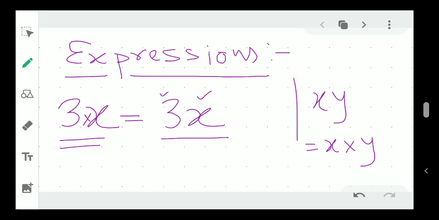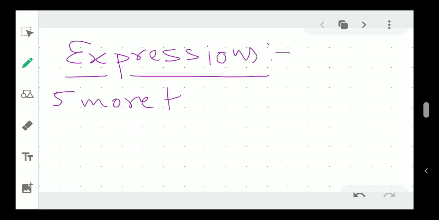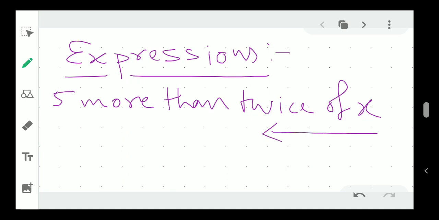Okay, fine. Let's say one more expression. I tell you, 5 more than twice of x. In this case, you have to come from the back side. This is the rule.